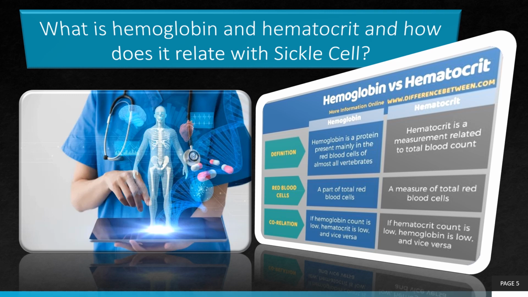So both are used to diagnose anemia, which is a disease condition that develops when the blood produces a lower than normal amount of healthy red blood cells. Therefore, these two terms are commonly mistaken. The function of hemoglobin is mainly to transport oxygen from the lungs to other tissues and to be used in cellular respiration. From the tissues, carbon dioxide is transported back to the lungs as carboxyhemoglobin.